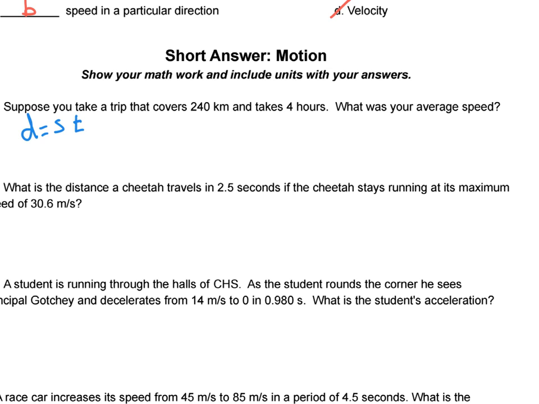The trip covers 240 kilometers, so that's going to be our distance is 240. And it takes 4 hours, so S times 4. Now we'll solve for speed by dividing both sides by 4. And we get 60 equals S, and the unit here is kilometers per hour.